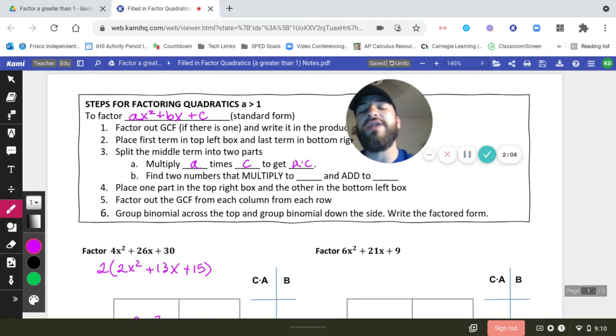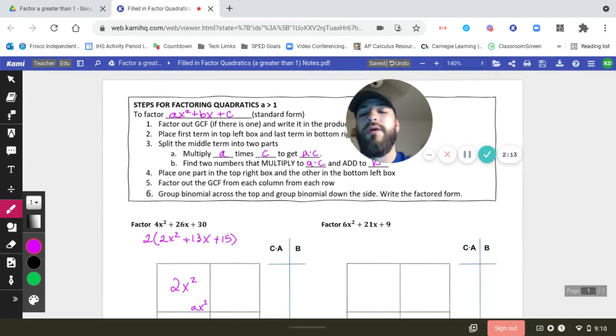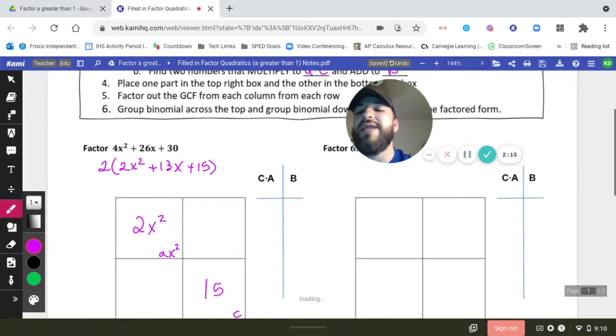And then we're going to find 2 numbers that multiply to a times c and add to our b. So our a and our c in this case are 2 and 15. So 2 times 15 is equal to 30. Okay, so 30 is our a times c.